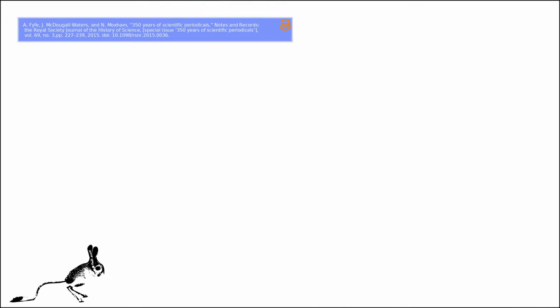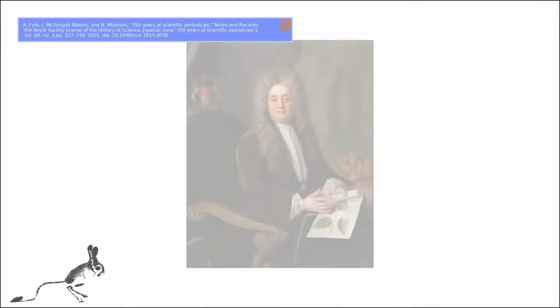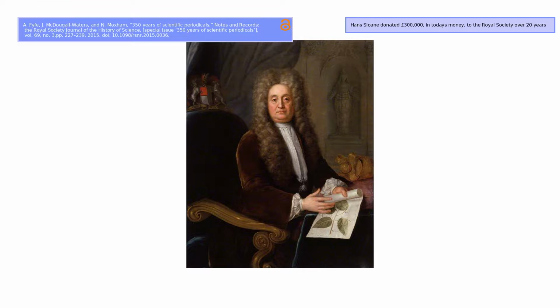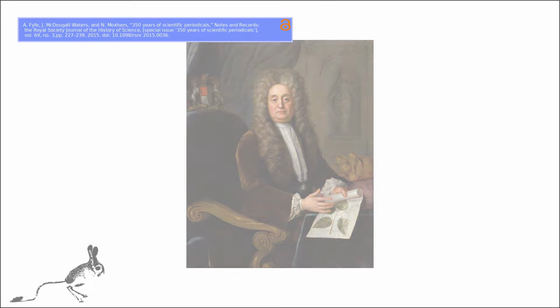During the 1700s, the publication survived on private benefactors and was still not an official part of the Society. One price point cost the journal £1,500, £300,000 in today's money, over a 20-year period, paid for by Hans Sloane.